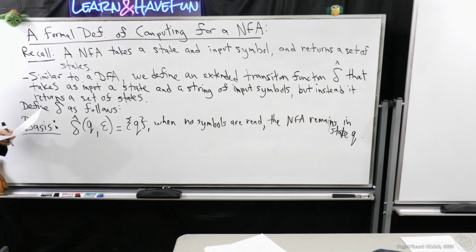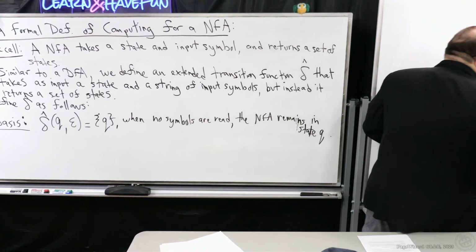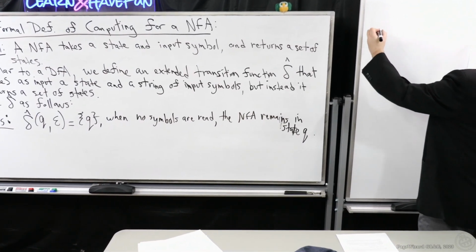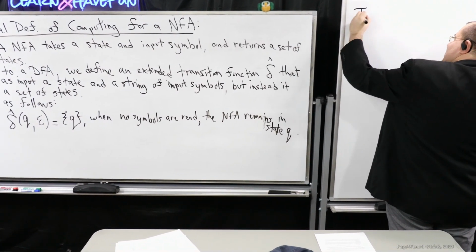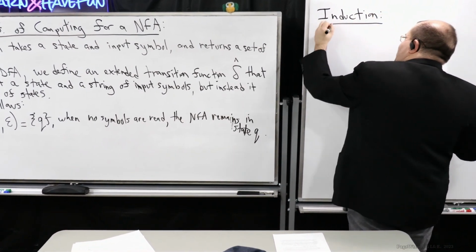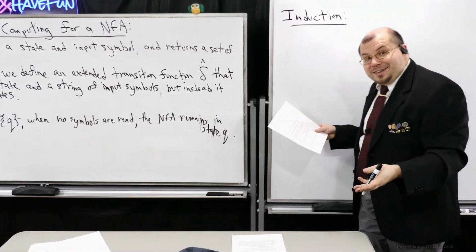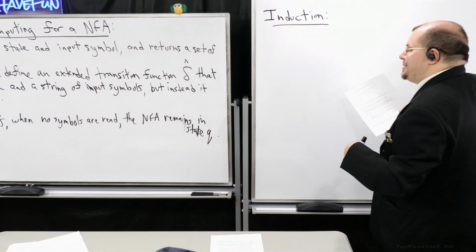Now, the other part is the inductive part of the definition. This is easily the most interesting part of today's lesson. How exactly does the transition operate such that you could transition from a set of states to another set of states, which we've never seen up to this point?